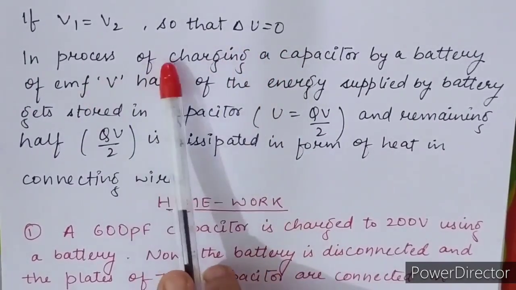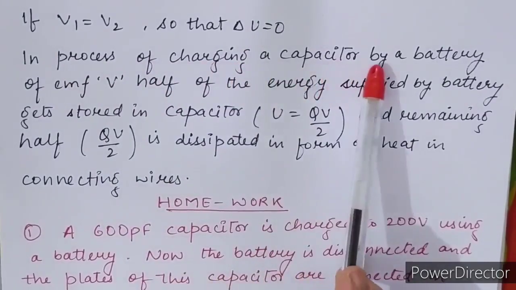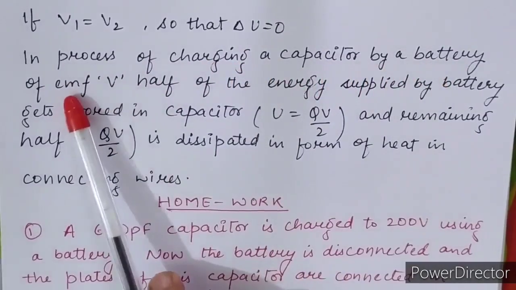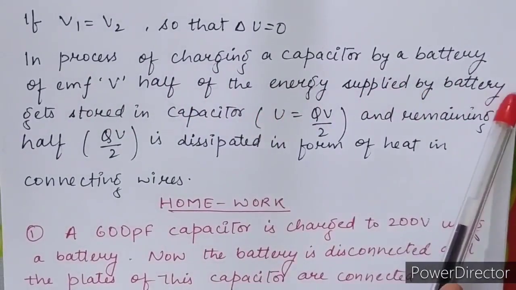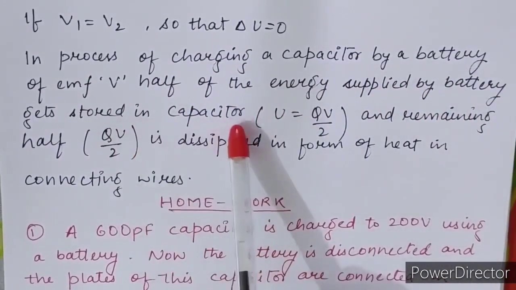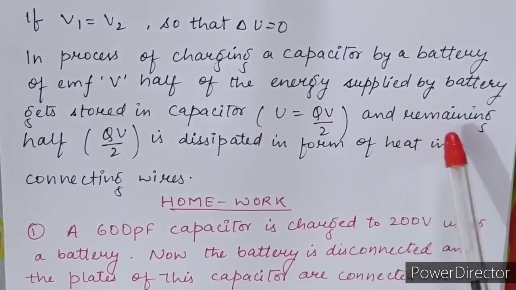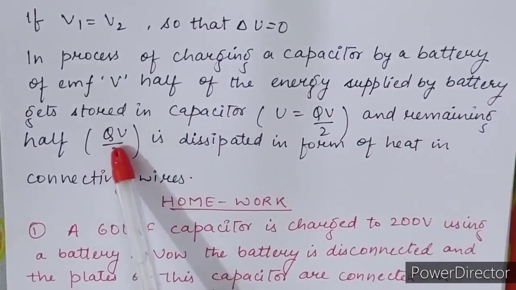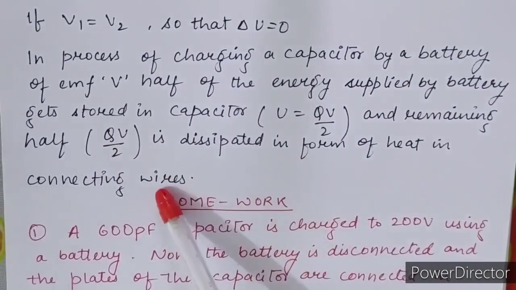So in the process of charging a capacitor by a battery of EMF V, half of the energy supplied by the battery gets stored in the capacitor, half QV, and the remaining half QV is dissipated in the form of heat in the connecting wire.